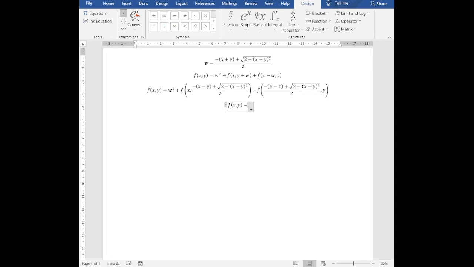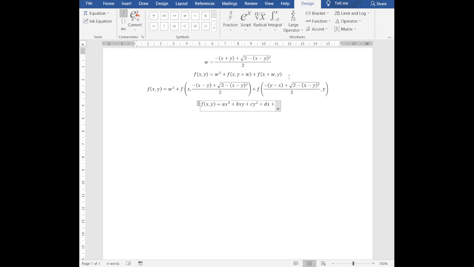I'm going to guess that f of x, y is going to be in the form ax squared plus bxy plus cy squared plus, I don't even know if I want to do this. I think that, okay, I'm going to add in these extra terms, but I don't know if I'm going to need them. Plus dx plus ey, not Euler's number, plus f.